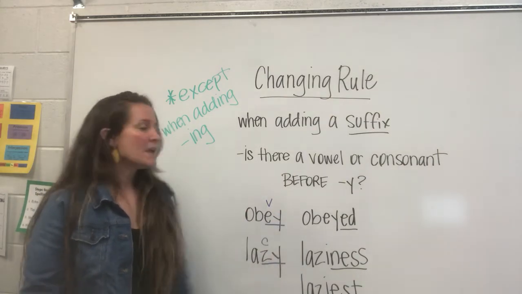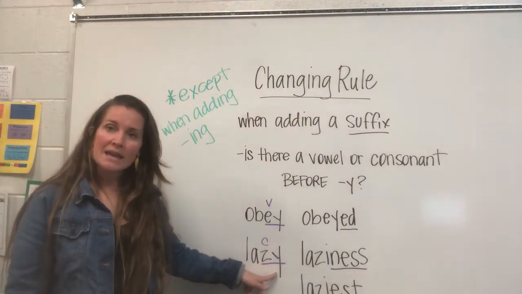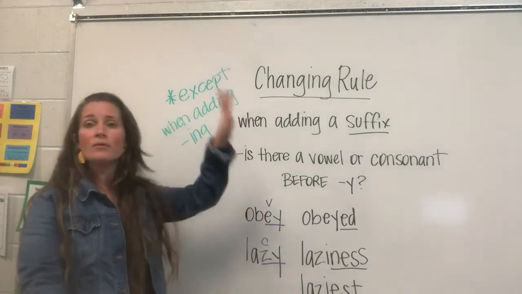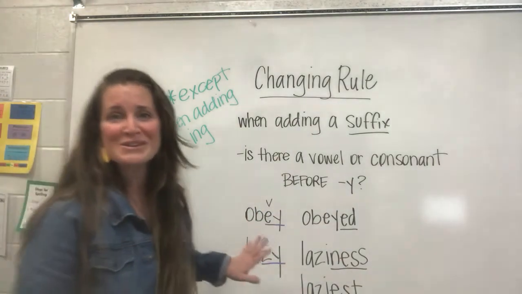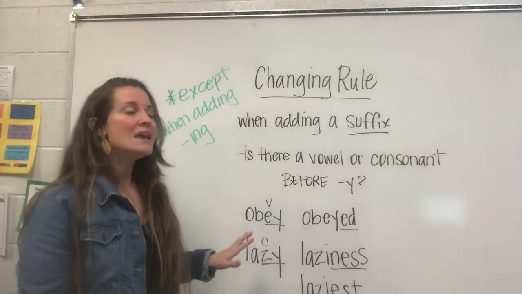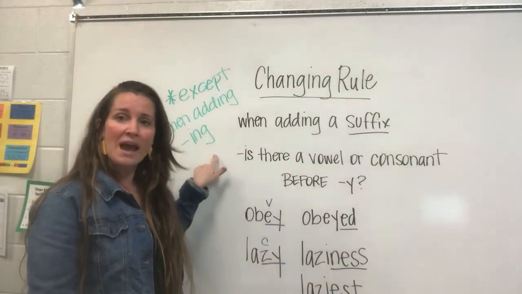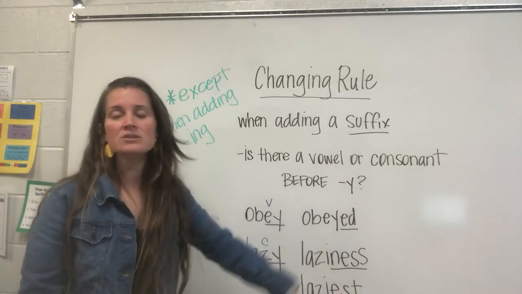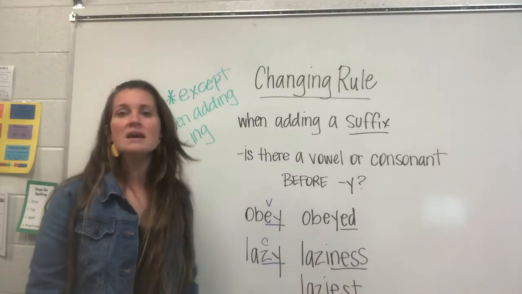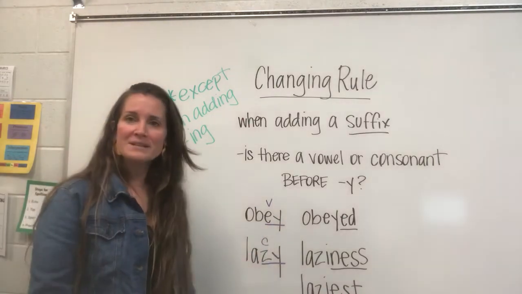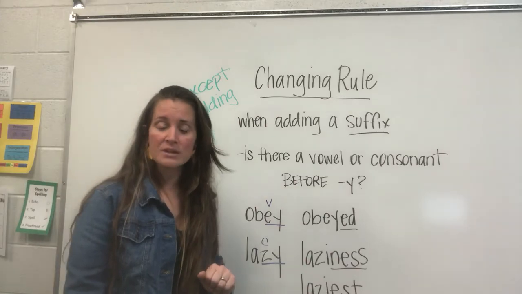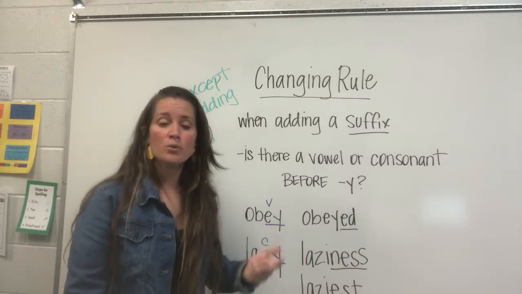And we don't do that. So in every case for our situation on our list this week, if you see ing added to it, you're just going to add it to the word and not even look at the letter before it. Okay, the last thing I wanted to do was to read through your words with you.